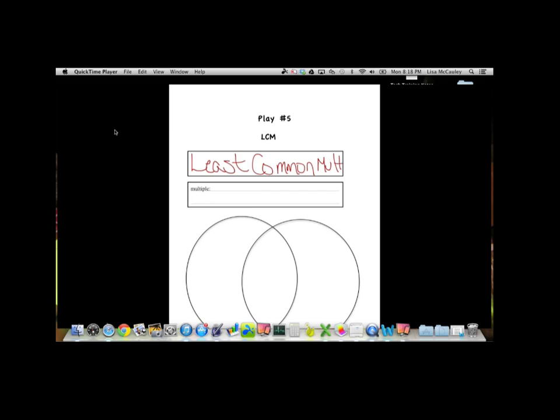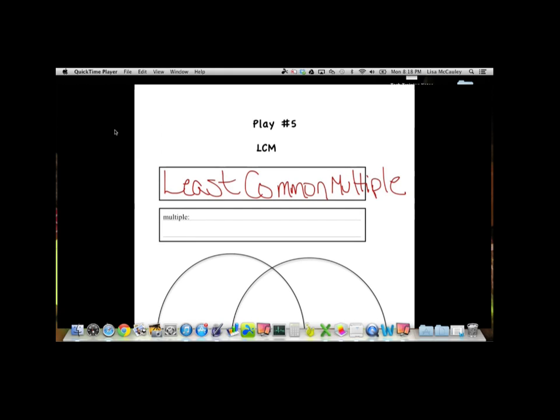Before we can really talk about the least common multiple, we need to have a pretty good understanding of what a multiple is. We need to remember that a multiple is not the same thing as a factor. Factors are smaller, multiples are larger. I want you to think back to when we talked about multiples and factors and see if you can remember what that is.